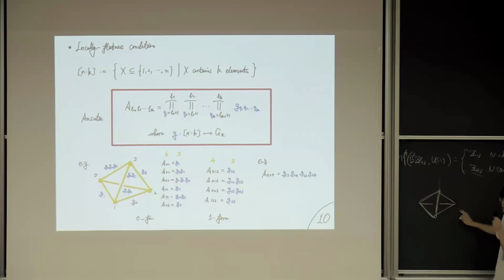However, in general this is not the case. If you have a higher group structure, then this will give us something non-trivial. If we sum over the one form part, over all the group elements on the triangles, then we should not get a trivial element, and that element should depend on the zero form part. That's what we should take into account.